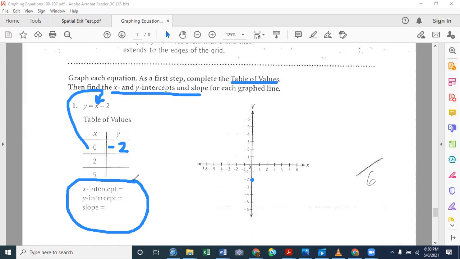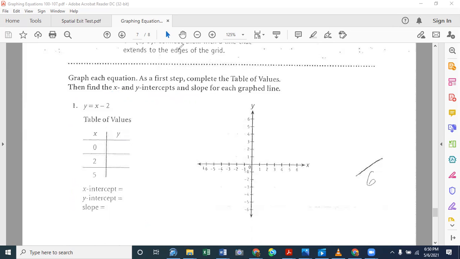To find your slope, you can use several methods that you know now. You can look at the equation right here, and you can say y equals mx plus b. The number in front of x would be your slope. Well, there is no number in front of x, but remember, with a variable, there's always an imaginary 1 in front of a variable.